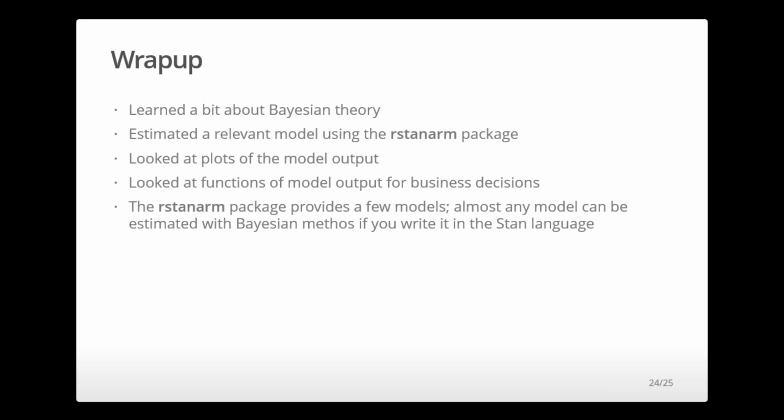So you can use any of the link functions that are available in GLM. You don't have to use binomial. You could also use Poisson if your outcome is a count. You could estimate linear models with Gaussian errors. You can do that with stan_glm or stan_lm.